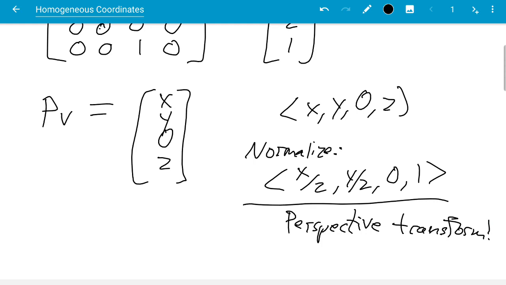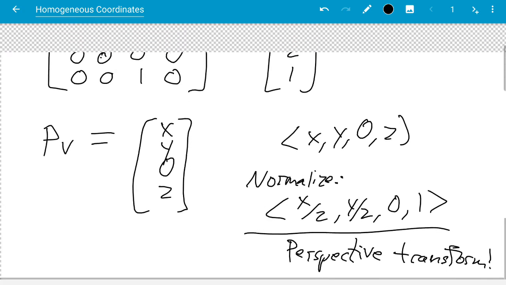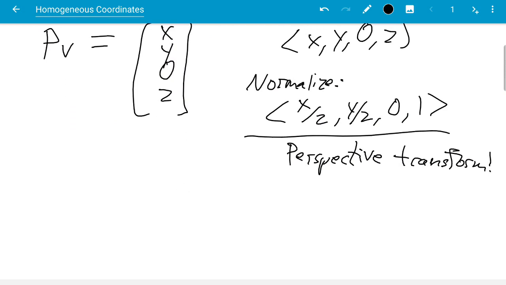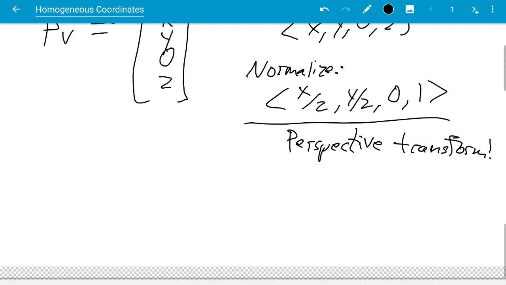We have successfully transformed points to cause a kind of three-dimensional perspective effect and flatten them down on a two-dimensional surface, and then that can be displayed to our user. That's pretty cool.